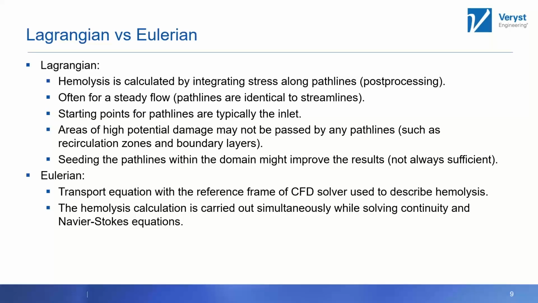One approach is to feed path lines inside the domain, but usually this approach is not sufficient. So usually the Eulerian approach is preferred. In the Eulerian approach, we solve the transport equation of the released hemoglobin with the reference frame of the CFD solver.